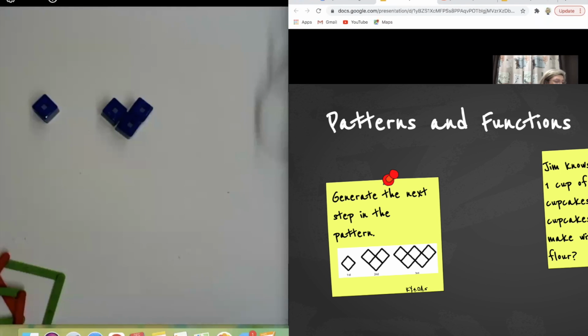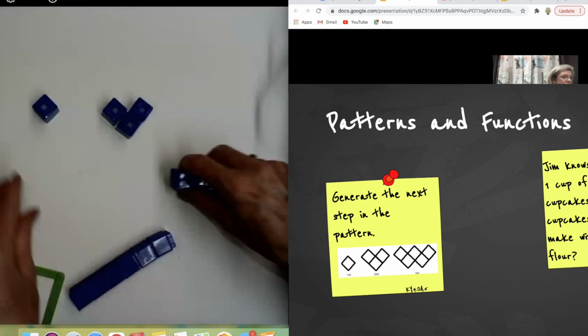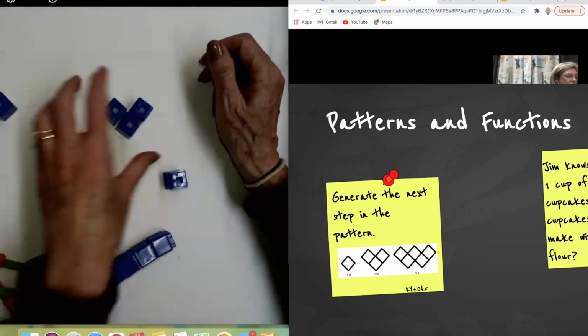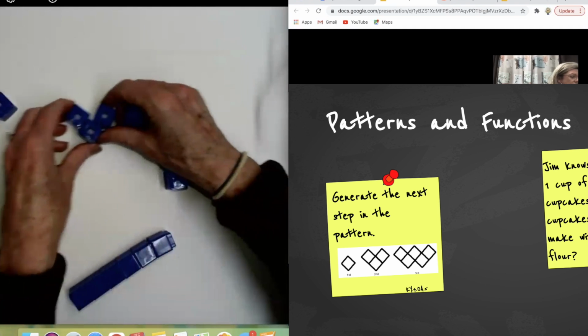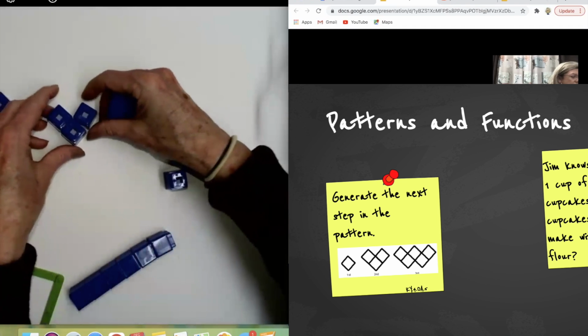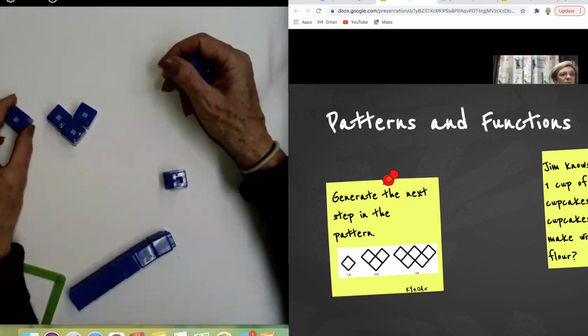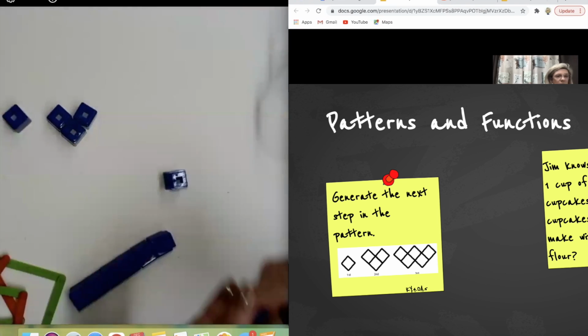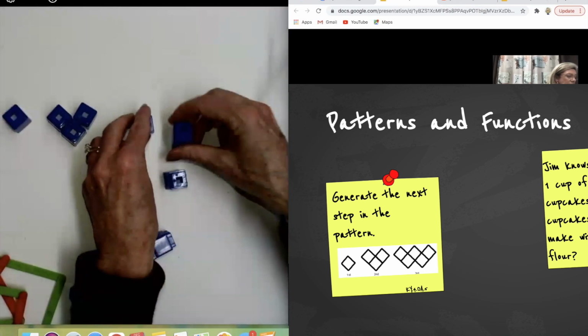And then in order to build the next step, we have to create what we'd already created once before. Let's see if I can scoot these over and not have them out of your view. So there's one, there's two. Then we have to recreate two.